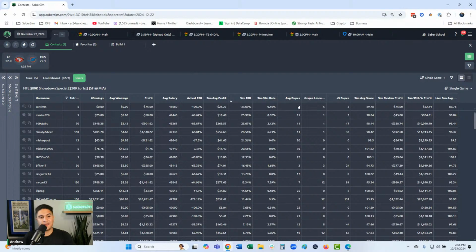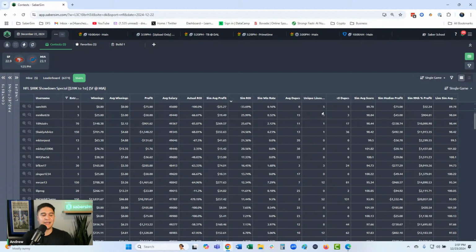So I had no dupes. Oh, I sacrificed way too much sim average score here, right? All these other players are at 98, 99, 100, 94, 95, and I'm at 89.78. So I got no average dupes. I got 5 uniques, but oh my gosh, I sacrificed way too much projection to do that.